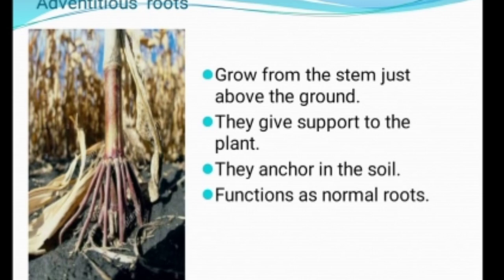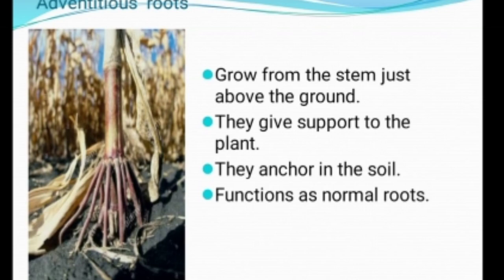Now children, these adventitious roots, beside giving the normal functions, normal function means absorbing the water and minerals from the soil, they perform that function. Apart from that, in addition to those functions, they also give support to the plant, because these types of plants have fibrous roots. And do you know that fibrous roots do not penetrate deep into the soil?